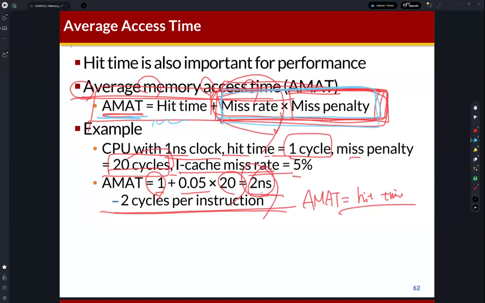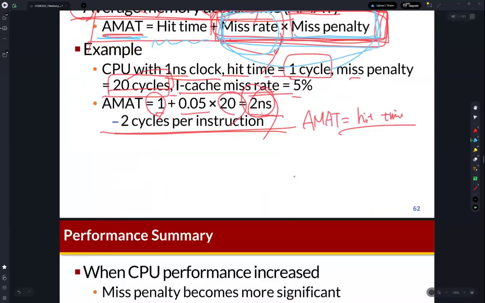Hit time is the common access time. But the performance of a cache is determined by miss rate and miss penalty. The miss penalty is also determined by the characteristics of low level caches or the low level memory. So in the current cache, we need to reduce the miss rate.